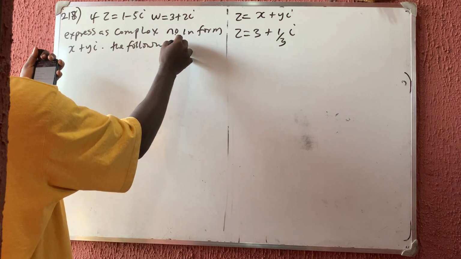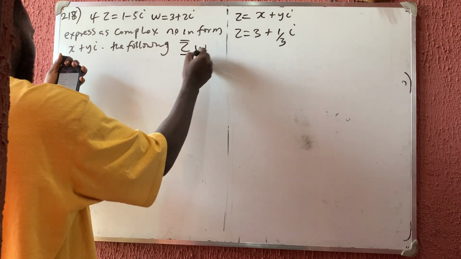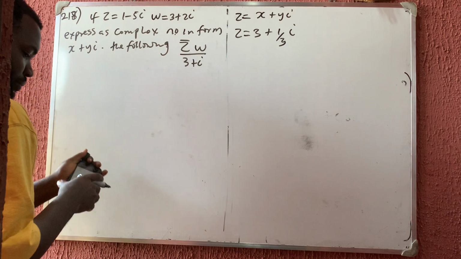The following they gave us is z bar w all over 3 plus I.